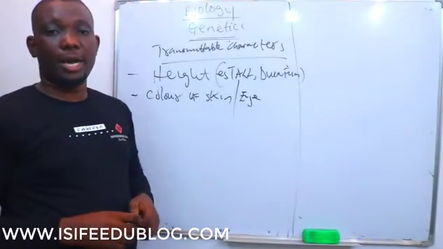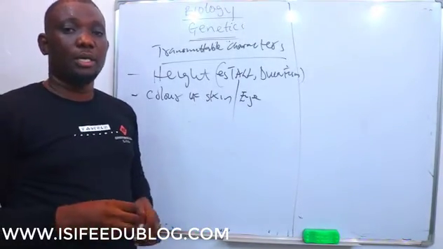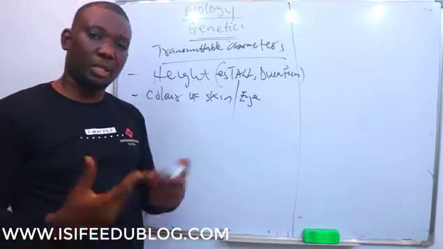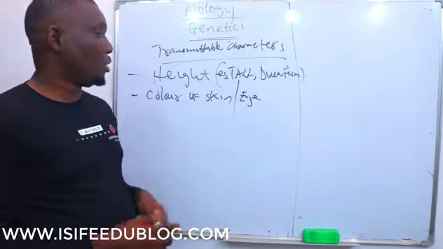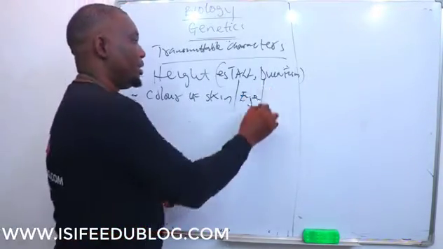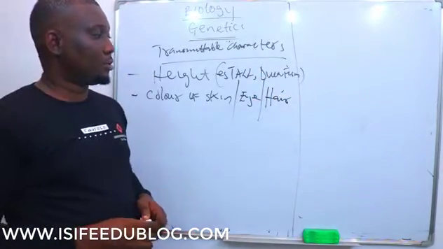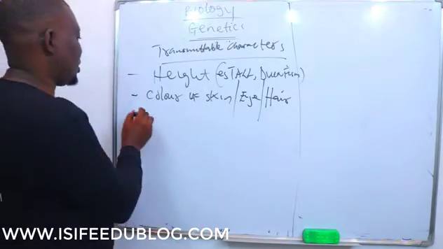There are some whose iris does not appear black. Some have blue eyes, brown eyes, ranging from this color. It depends. So it's transmittable. Color of the skin, color of the eye, even color of the hair is also transmittable.